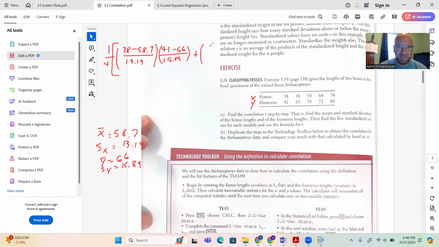Plus, that's from my first point. Now I take my second Y. 70 minus 66.